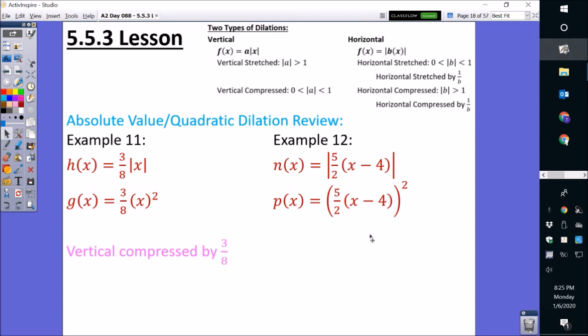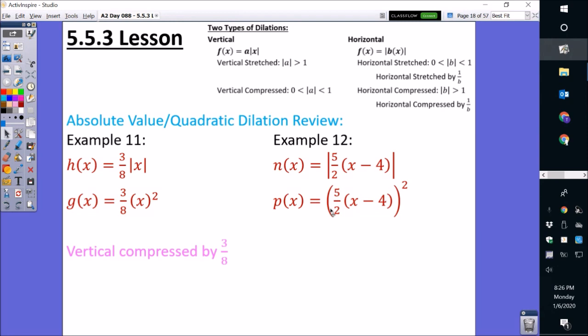Quadratic is the same as what we did in example 10, since we have a number that's in front of x and then we have that minus 4. We want to keep them separate and intact with their form, hence we have a second set of parentheses. Now they both have 5 over 2 inside the absolute value line and inside the outer parenthesis, key phrase outer parenthesis, and in front of x.